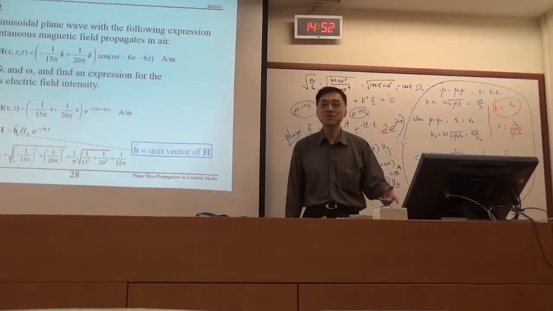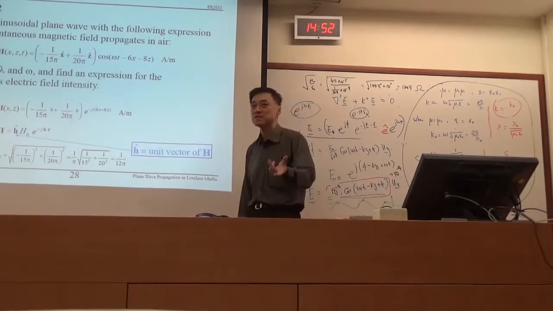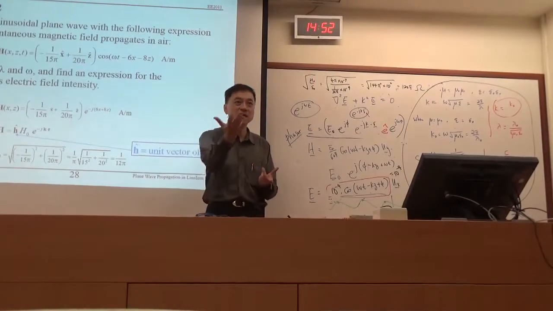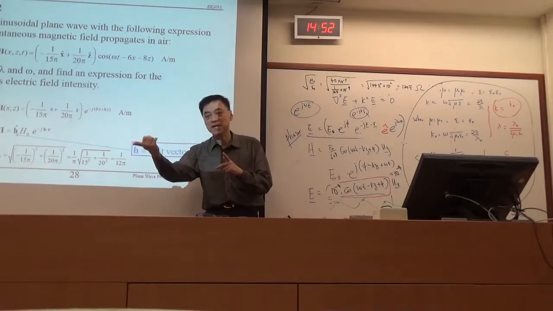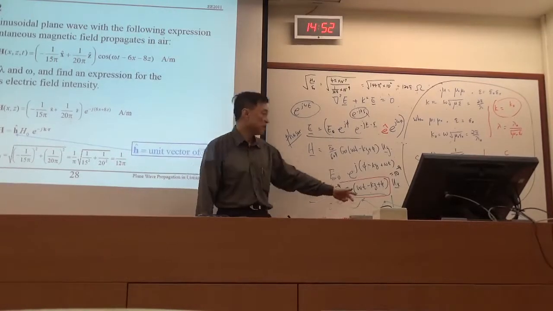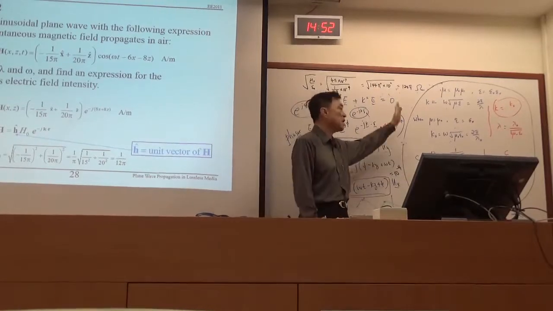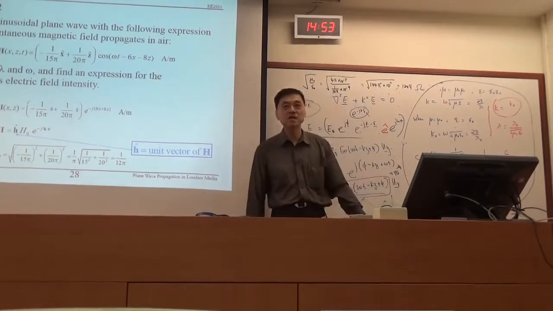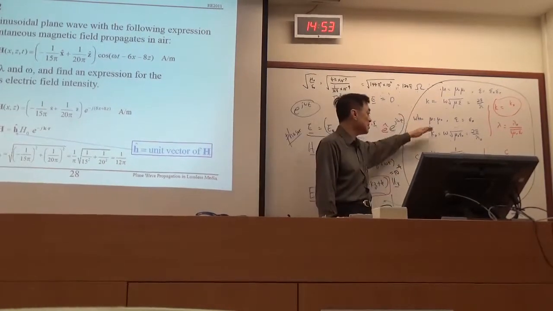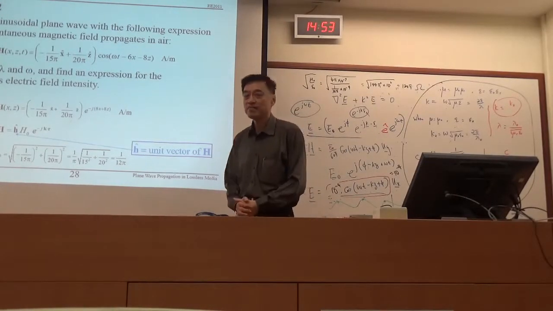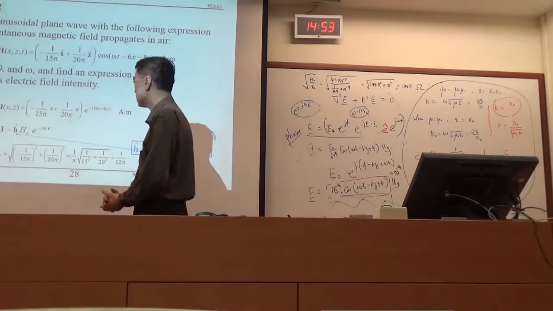So these are the two most important things that you need to know in this chapter. E cross H, direction K. The ratio between the magnitudes E and H equals zeta. The rest are all equations. All these equations here, you should have them in your help sheets.